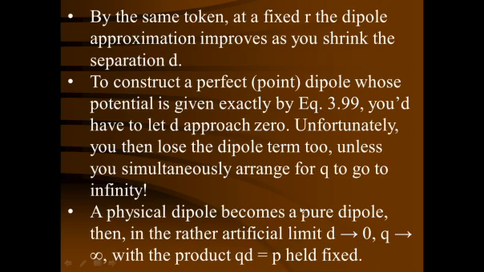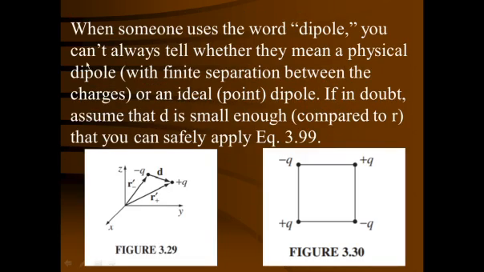A physical dipole becomes a pure dipole in the rather artificial limit d tends to 0, q tends to infinity, with the product qd equal to p held constant, and that means the dipole moment does not change. When someone uses the word dipole, you can't always tell whether they mean a physical dipole with a finite separation between the charges or an ideal point dipole.